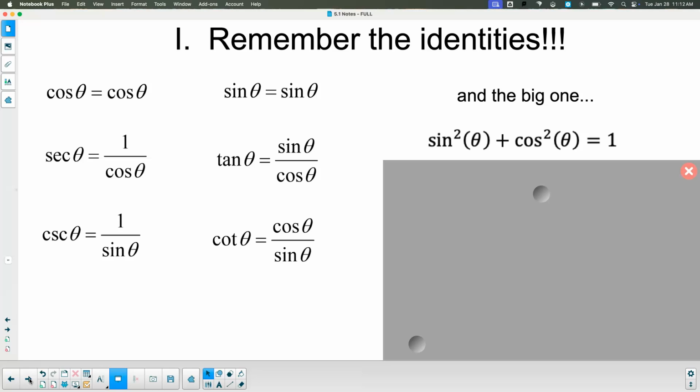So, the 6 basic trigonometric functions. Cosine is cosine. Sine is sine. We know that. Secant is the reciprocal, not inverse, like some people did on their test. Secant is the reciprocal of cosine.